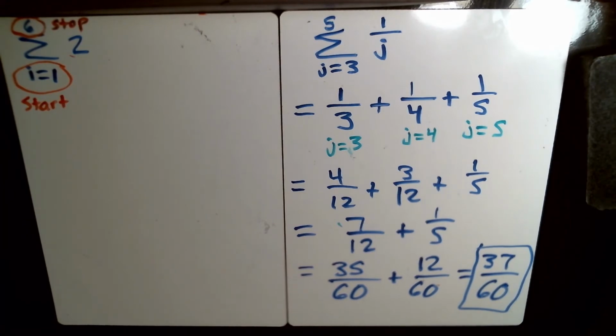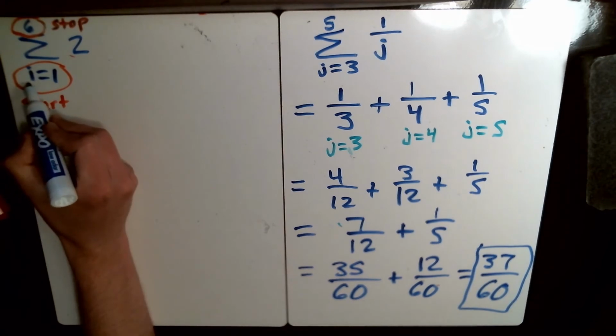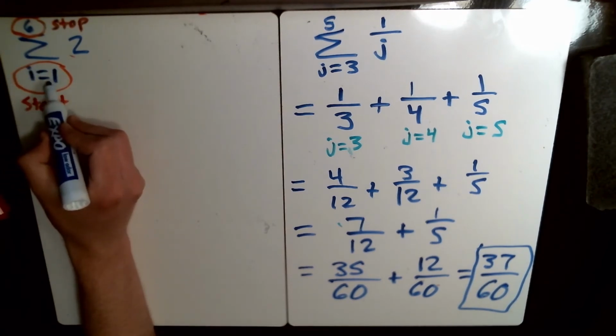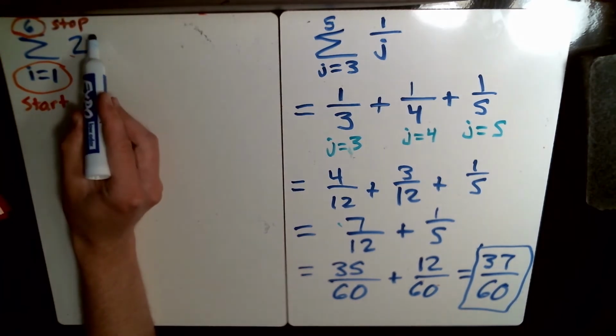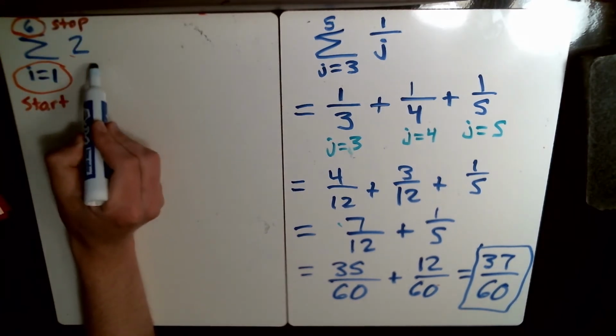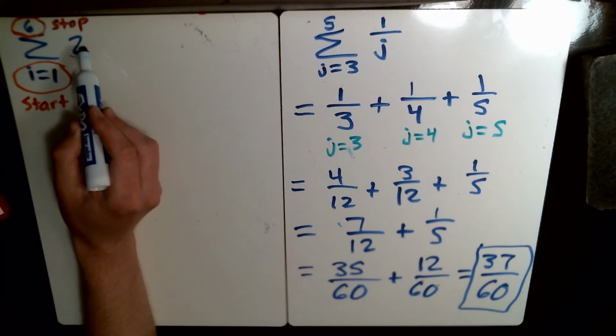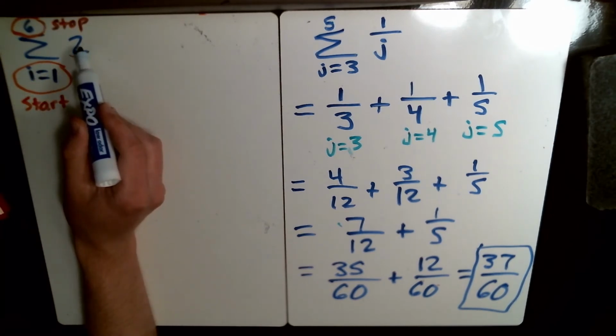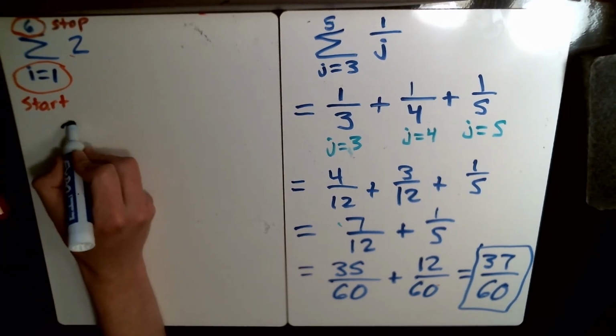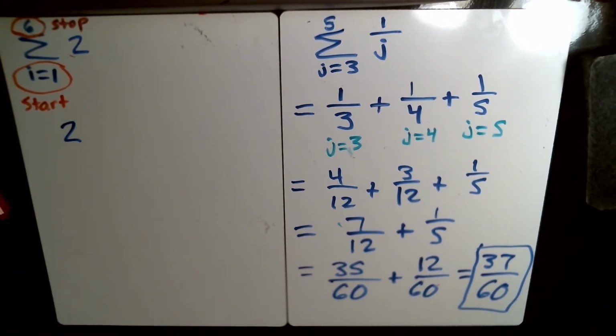Okay, so in other words, what we're doing here is I'm starting at I equals 1 and plugging in I equals 1 into this equation. But notice there isn't an I here, right? So it doesn't really matter what I is, it's going to be 2 regardless. So 2 is when I equals 1.